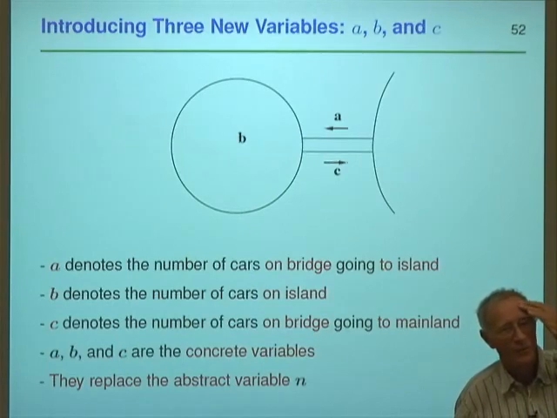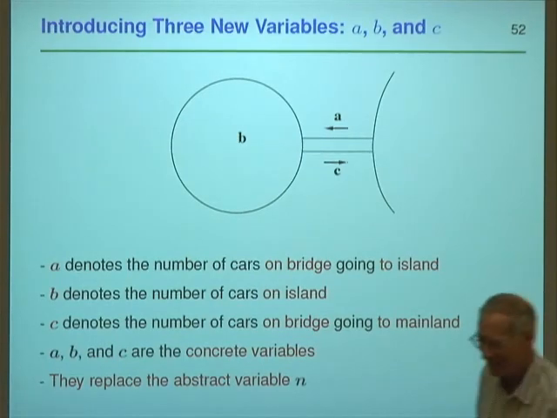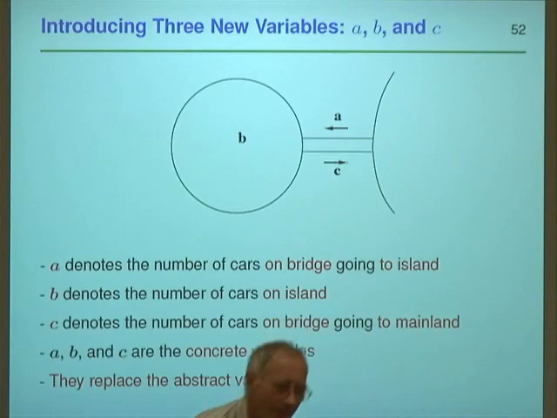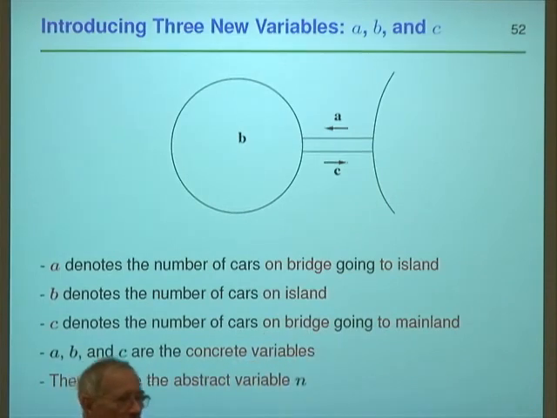I'm not convincing you. No, I think there's a missing step. There must be a place where there exists a program that contains both N and A, B, C, and the events update all these variables, and then you have to show that the invariant N equals A plus B plus C is maintained.